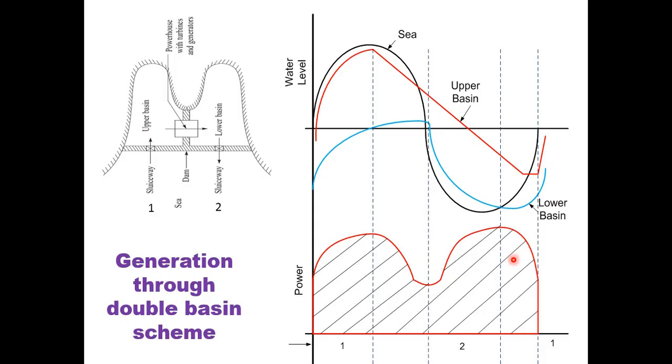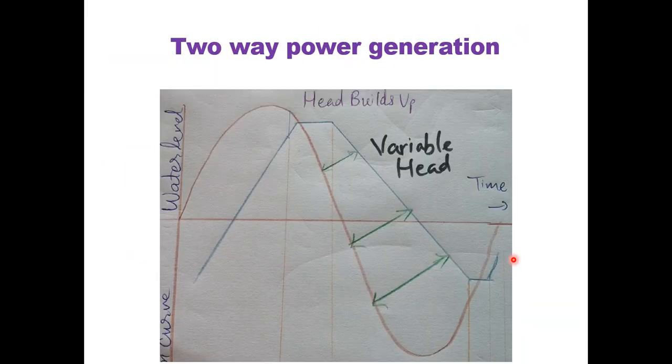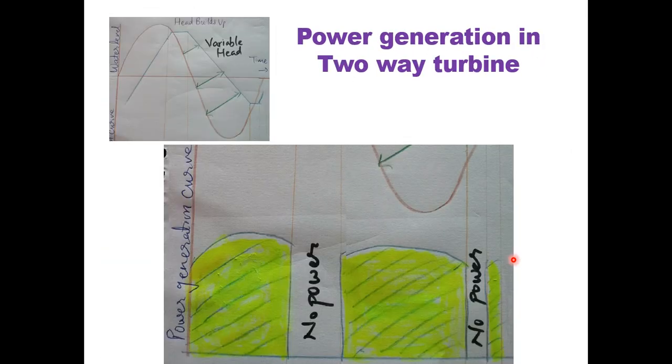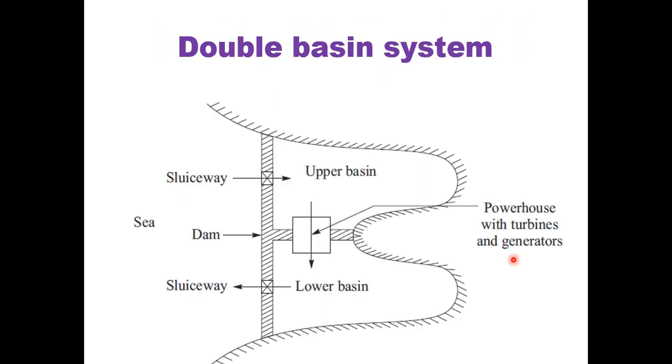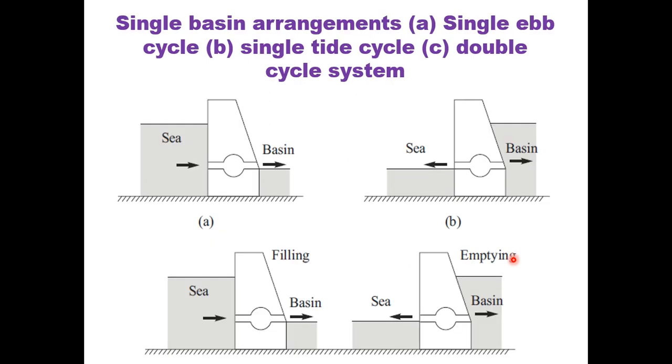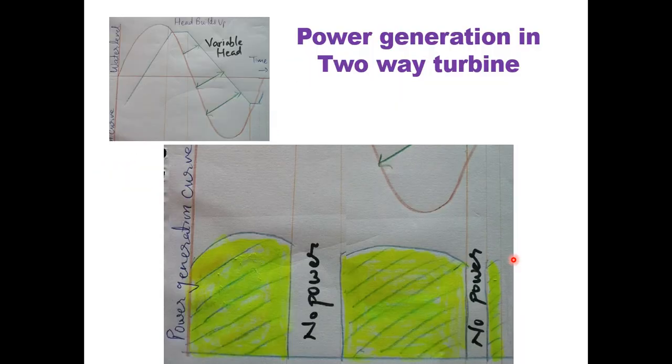As part of this session, we have covered how we can generate electrical power through one-way power generation, two-way power generation, and the double basin scheme. There is also an option of a single basin linked scheme. In the linked scheme, as I have mentioned, we incorporate one storage of the seawater in a particular tank which can maintain the high head.